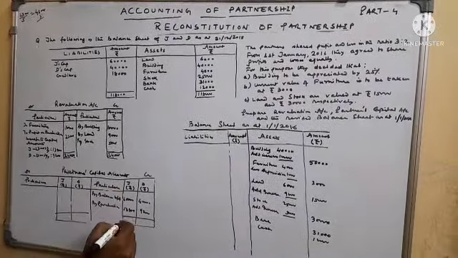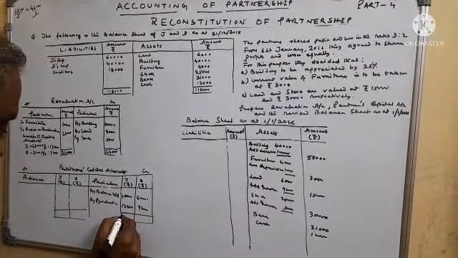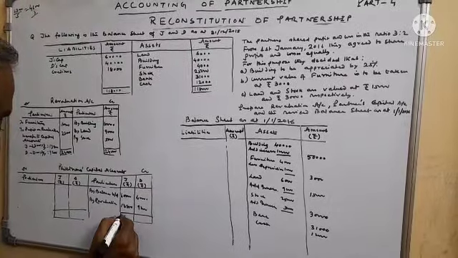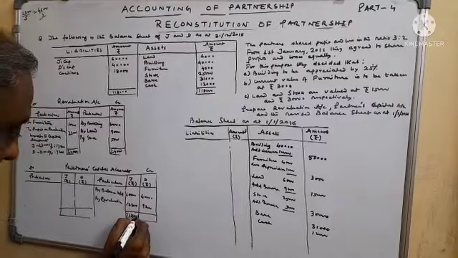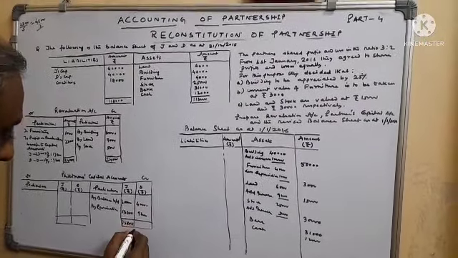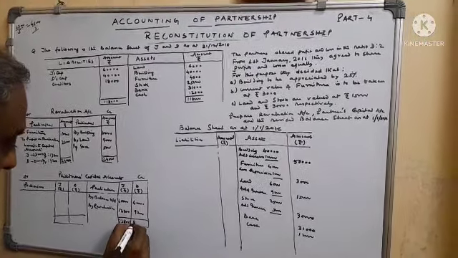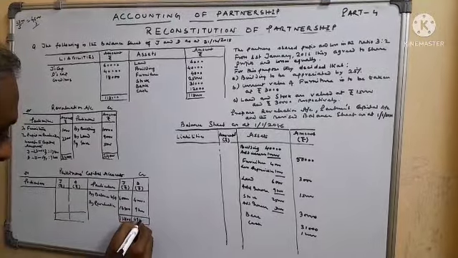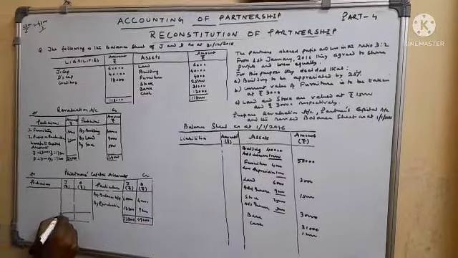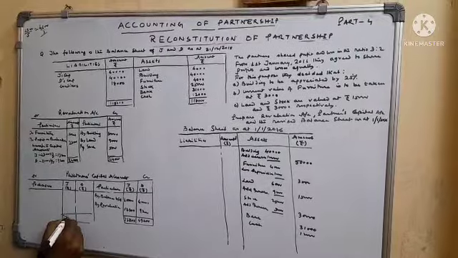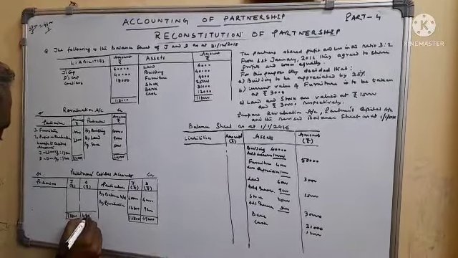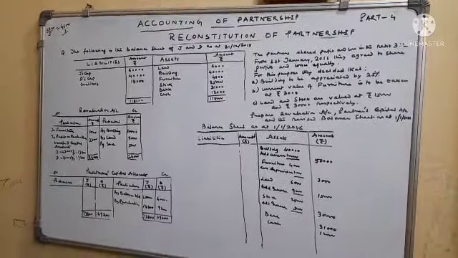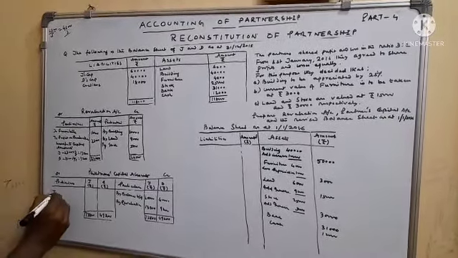Now we have to close the book. 73,800, 49,200. 73,800, 49,200 to balance CD.